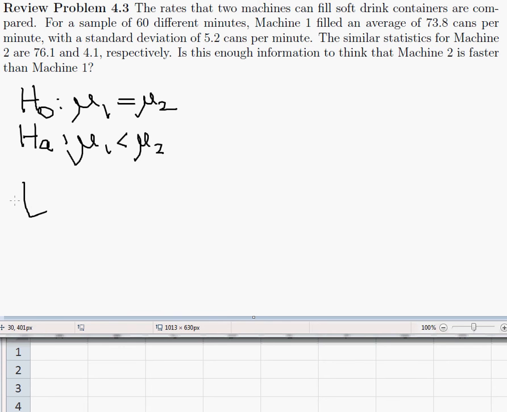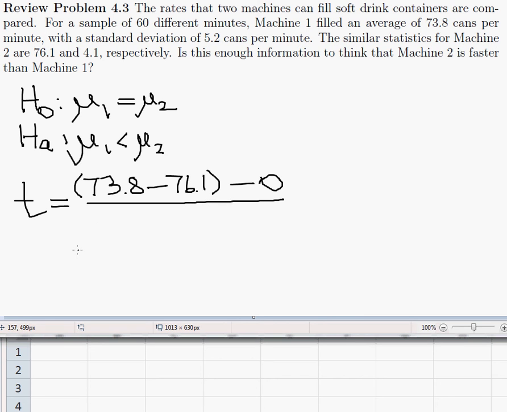So we now form our t statistic. We have the observed difference of 73.8 minus 76.1. That's the observed difference minus the expected difference of 0, divided by the standard error for the difference.